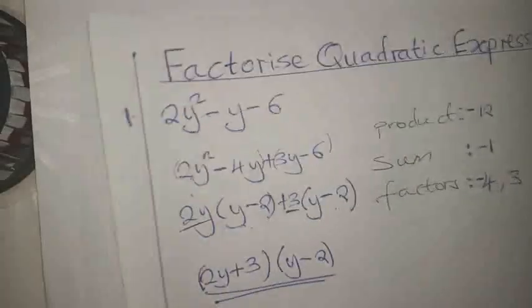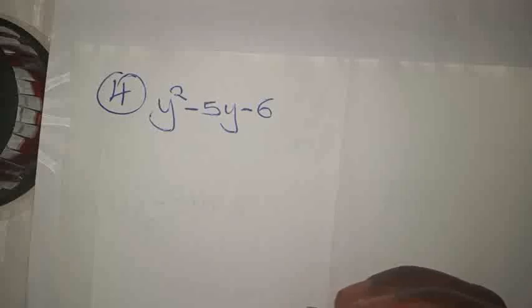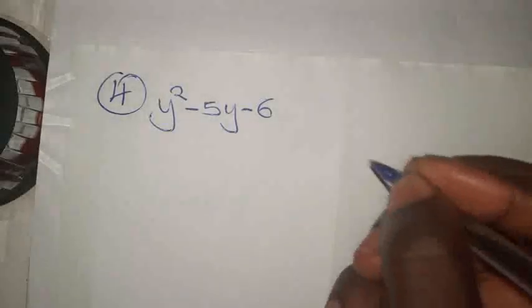Maybe just to add on, okay, so we have our last question here, which is y squared minus 5y minus 6. We're again doing the same. So what is our product?